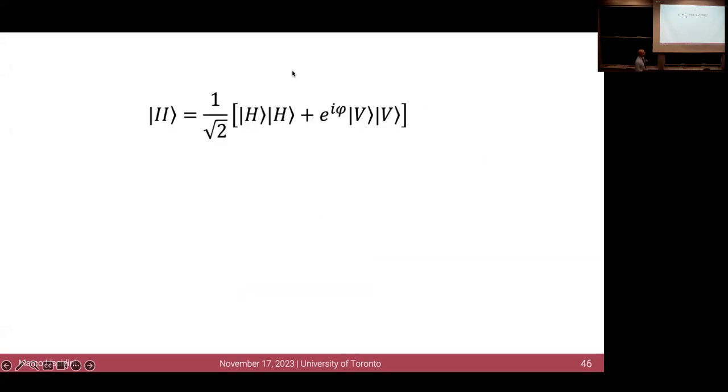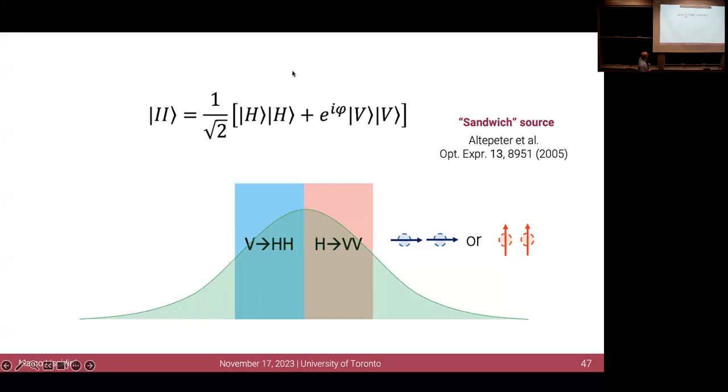In a sandwich source, what do you have? You generate an entangled state in polarization. The idea is that you pump, with a cross-polarized pump pulse, 2 crystals that are orthogonally rotated, such that the first crystal generates from a photon VHH and the second generates from a photon HVV, okay?